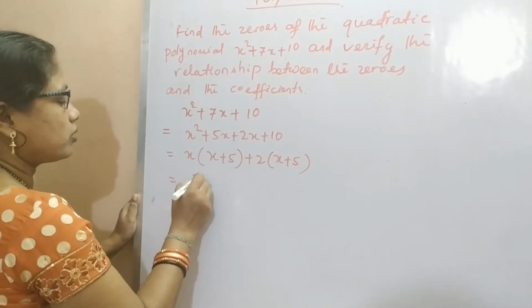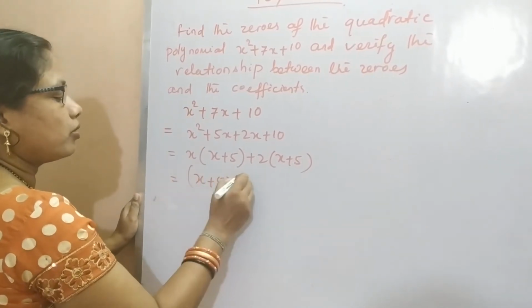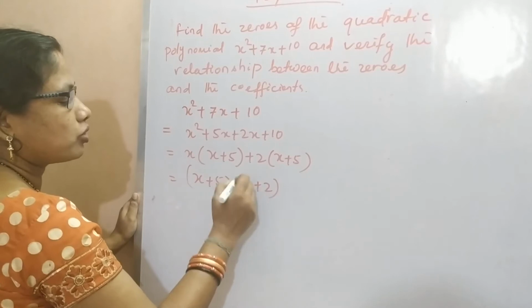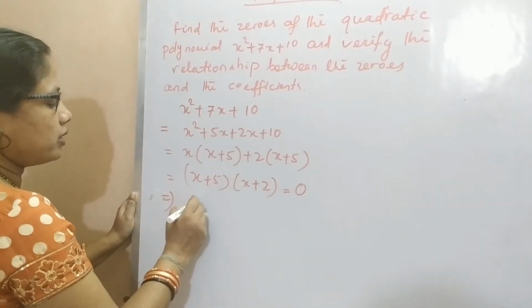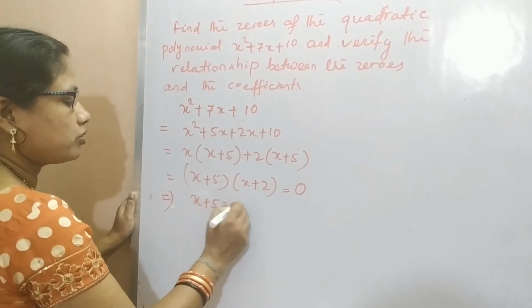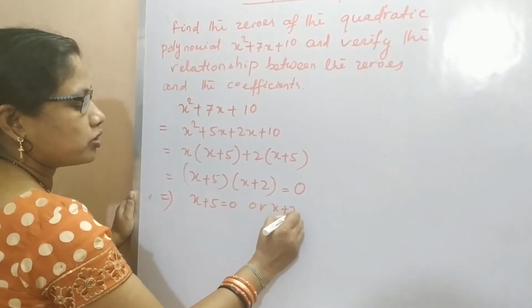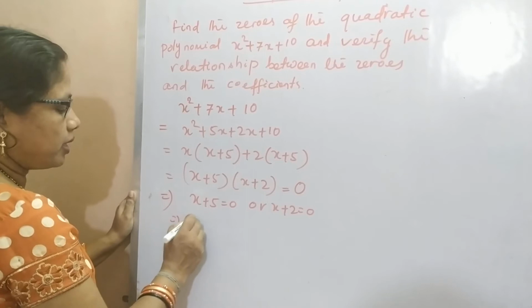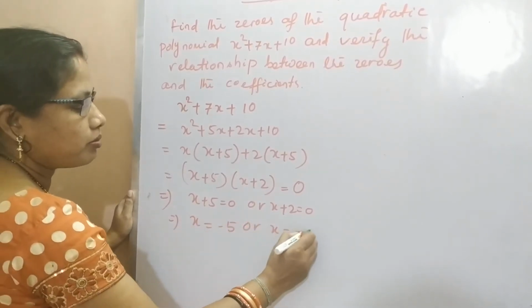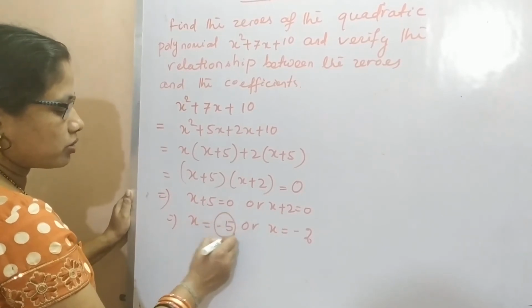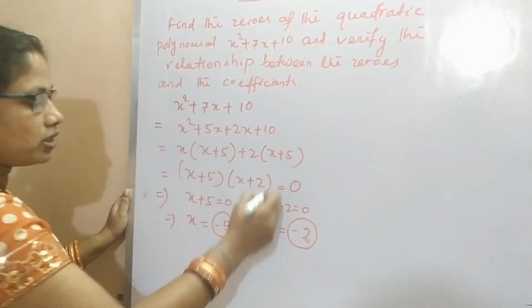So this is equal to x plus 5 whole into x plus 2. So to find the zeros, this will equal 0. So this implies x plus 5 is equal to 0 or x plus 2 is equal to 0. So this implies x is equal to minus 5 or x is equal to minus 2. So minus 5 is one zero and minus 2 is the other zero.